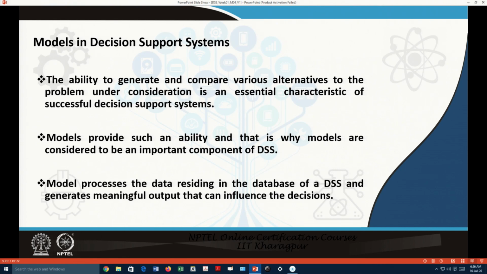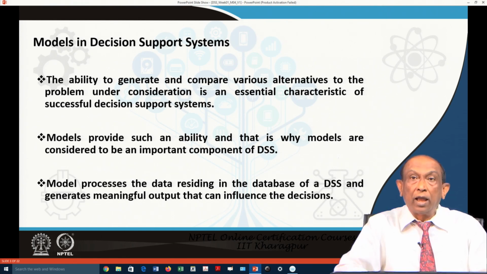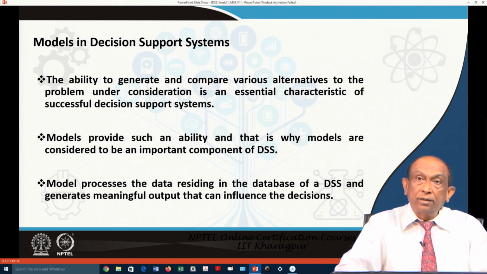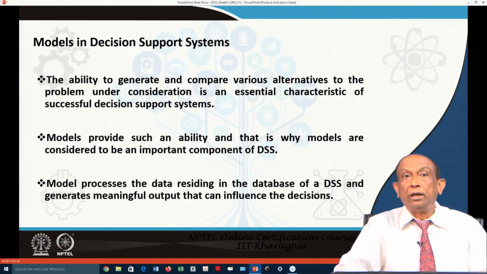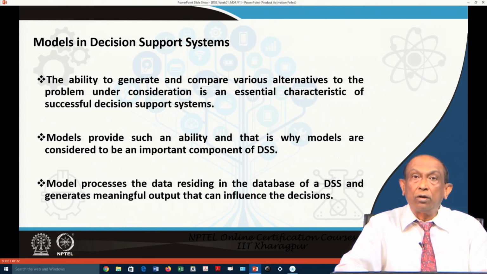Models have the ability to generate and compare various alternative solution procedures. Models provide such an ability, and that is why models are considered to be an important component of decision support systems.